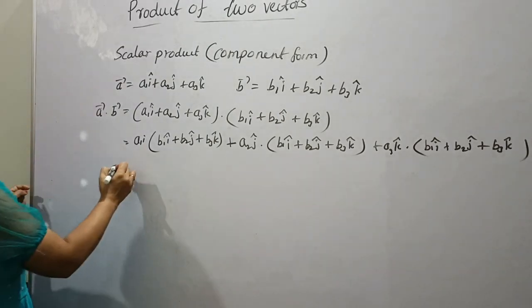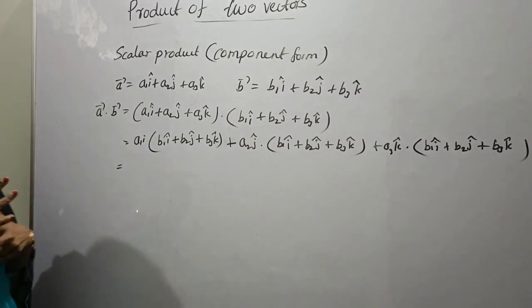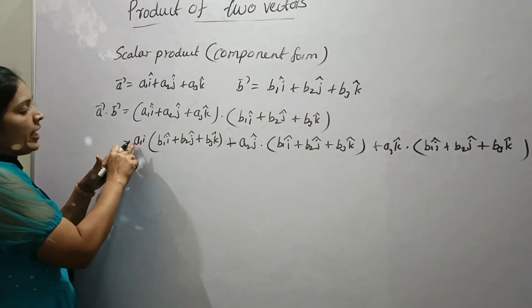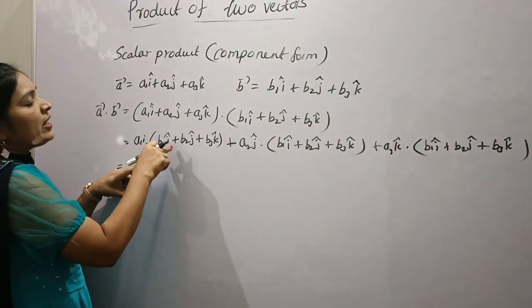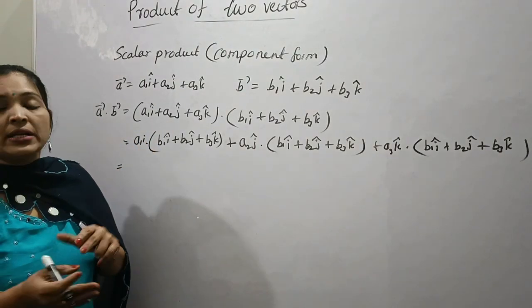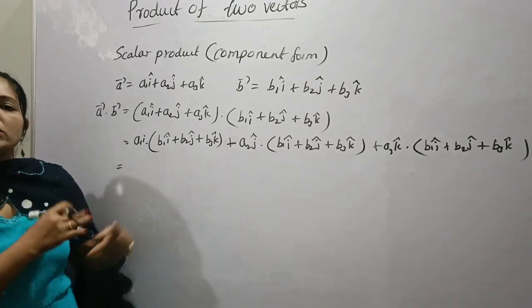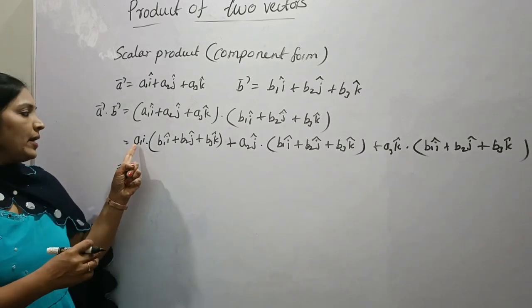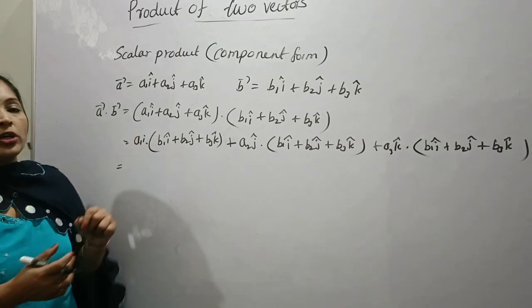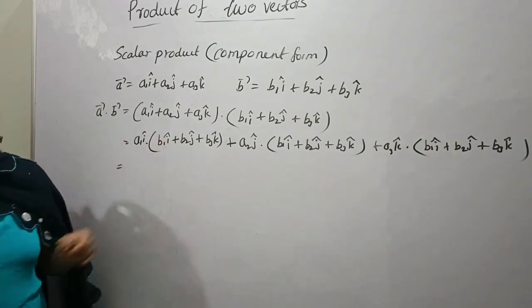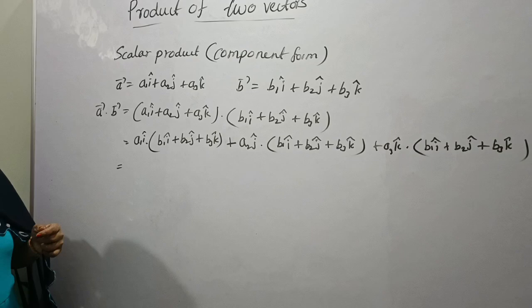Right? Now here, when we expand this one, a1 i dot b1 i, that is a1 b1 i dot i. Let's take the constants outside. Here a1 b1 are the constants, real numbers, and vectors i dot i. What is i dot i? 1, right?